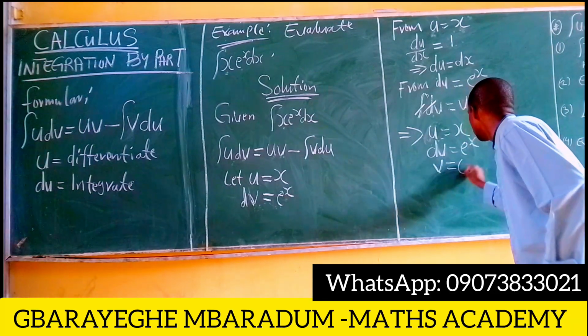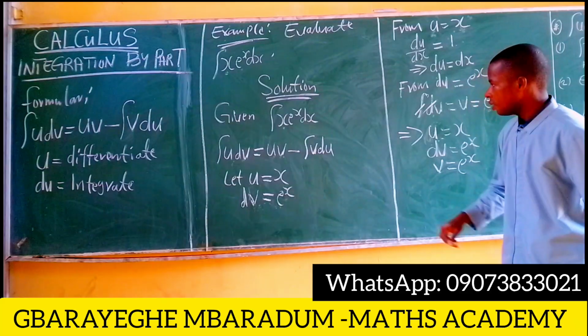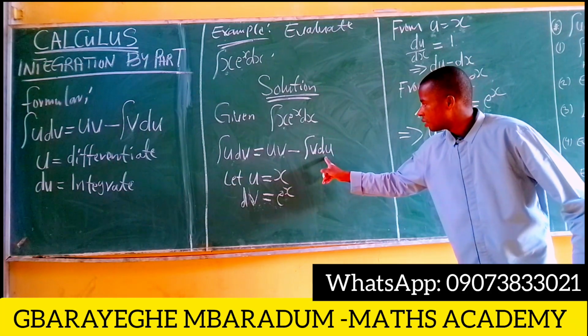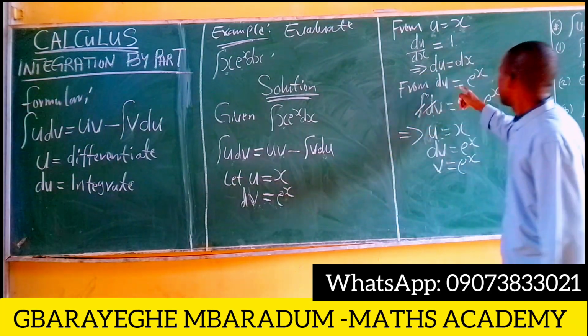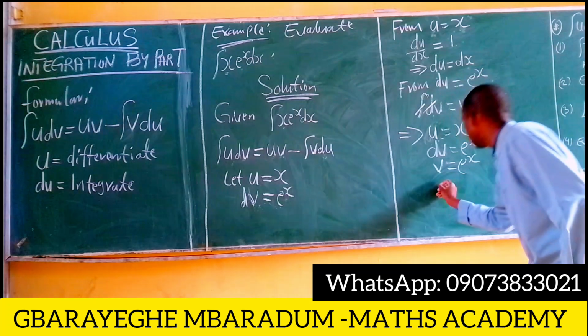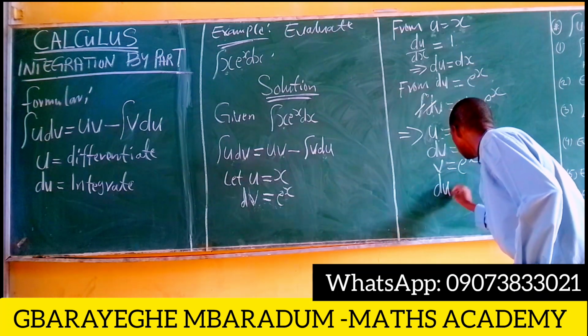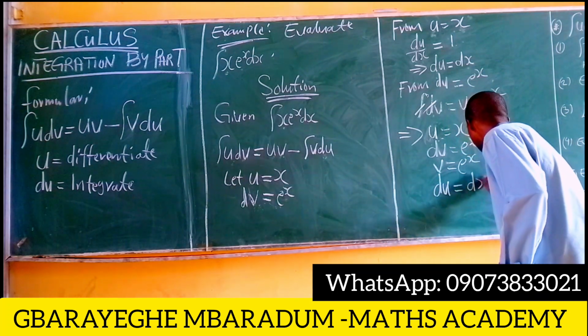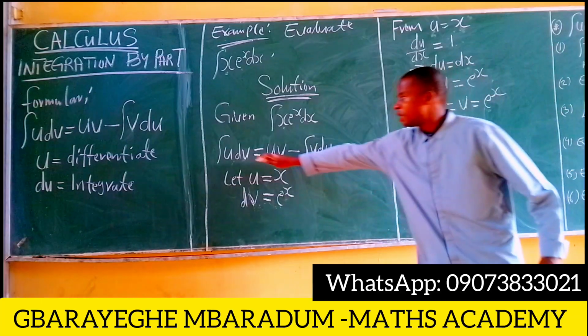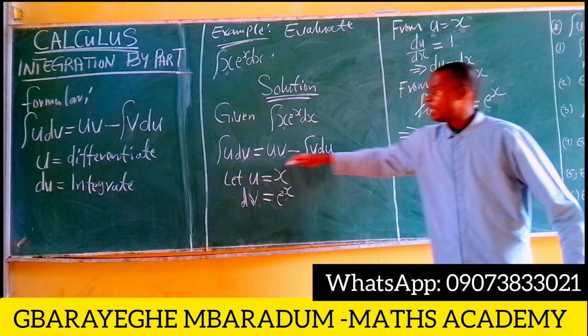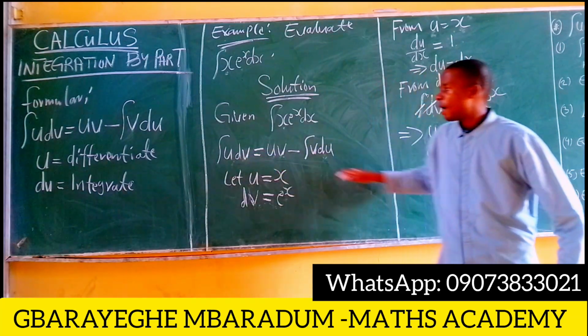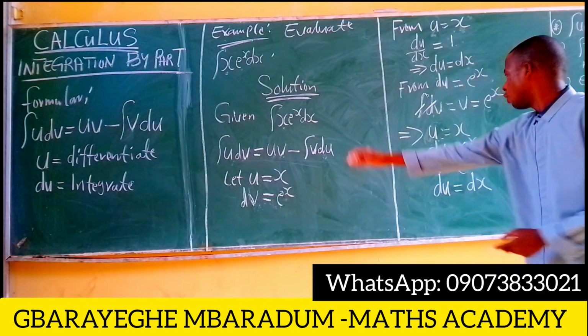Our du is dx. Now since we have all the parameters, we are going to substitute them into the formula of integration by parts. Now let's substitute them into the formula.